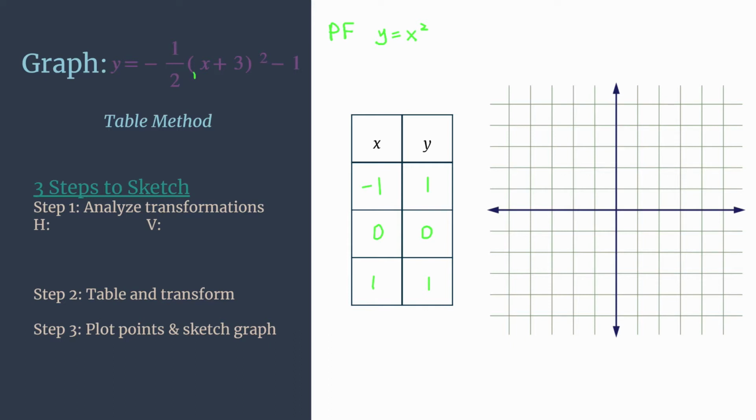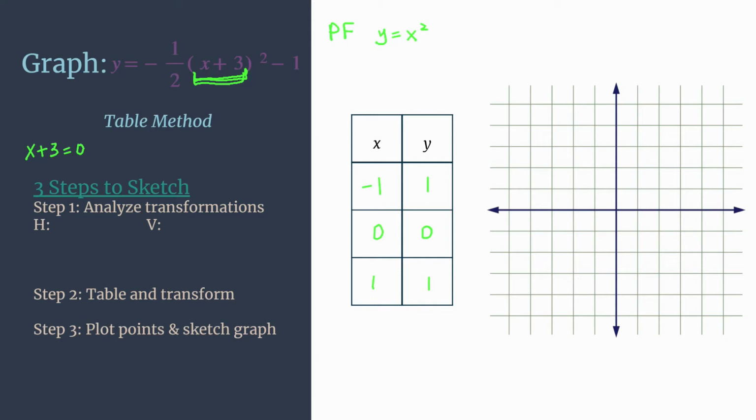So we'll find any horizontal transformations in with the x, and so we have this x plus 3. Remember, with horizontal transformations, you want to think about solving order for applying these. So it's simple enough. Just think x plus 3 equals 0. What would I do to solve this?